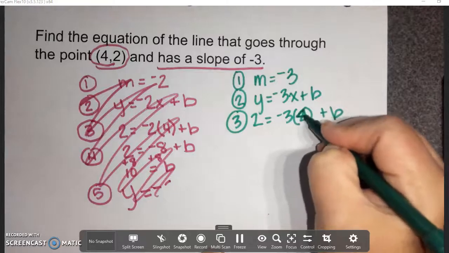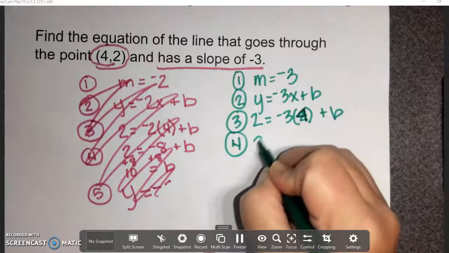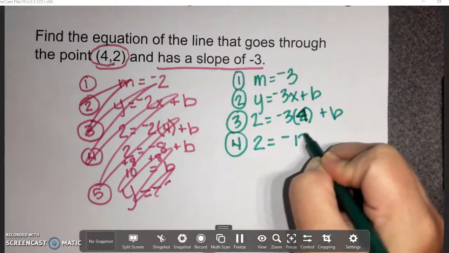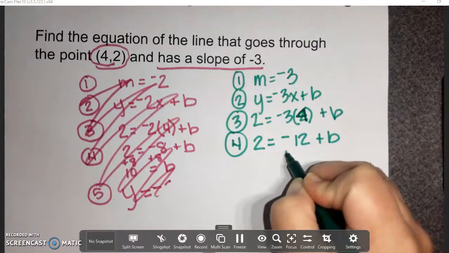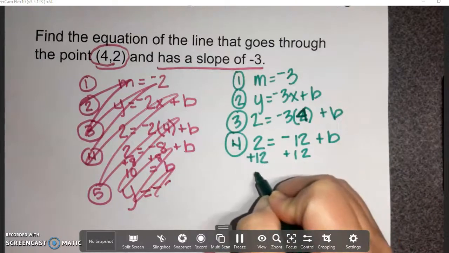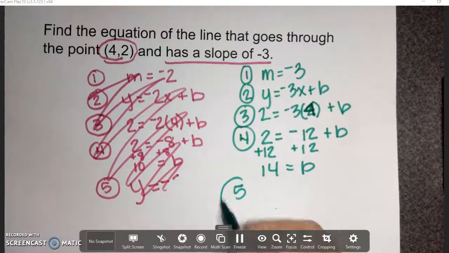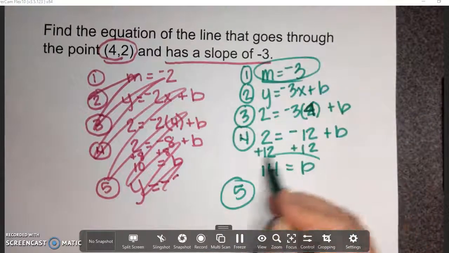That's supposed to be a 4. Fourth step, solve. Fifth step is to put in our slope and our b.